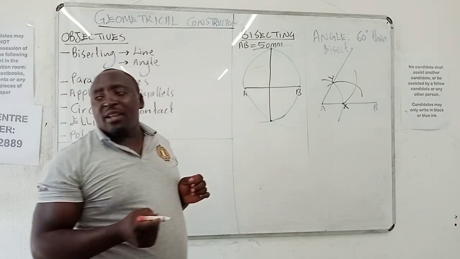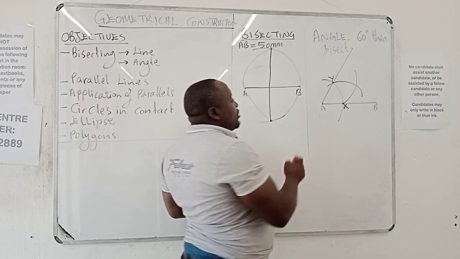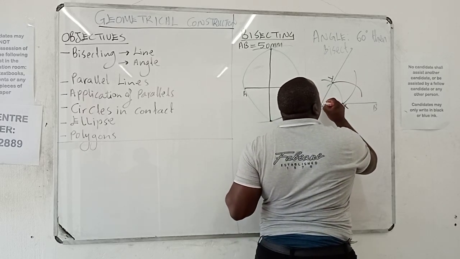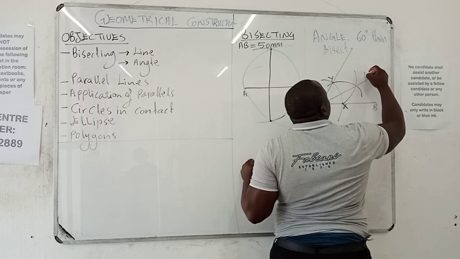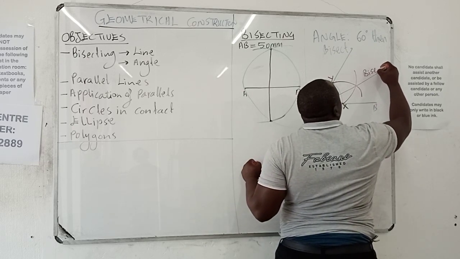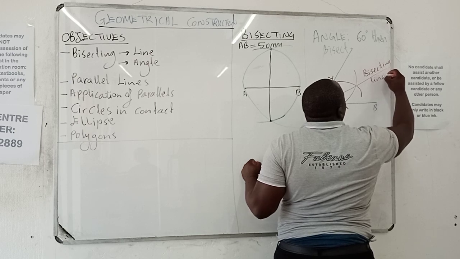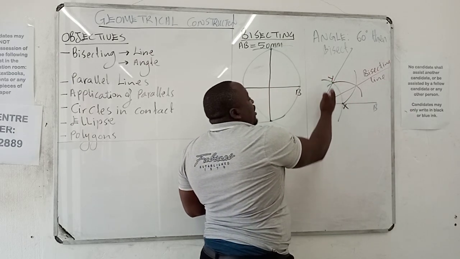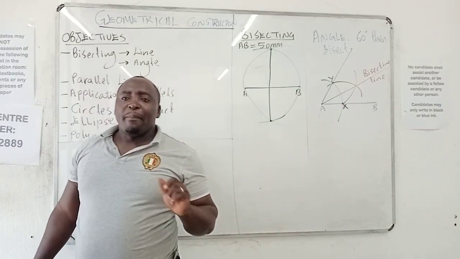We are bisecting the angle of 60 degrees. So I'll draw a line from here and pass there, and this is the bisecting line. It has cut the angle of 60 degrees into two equal parts.